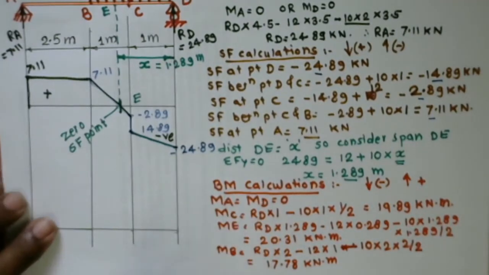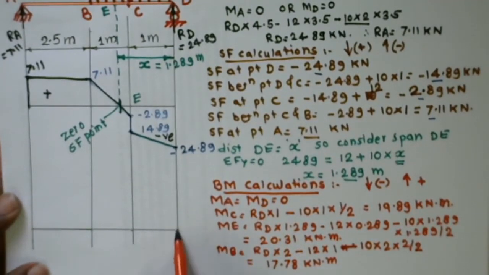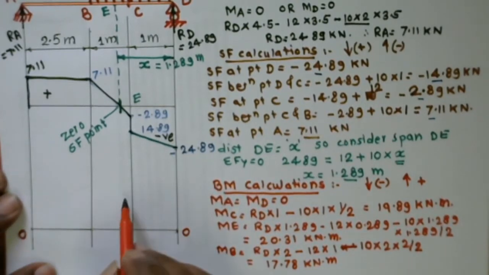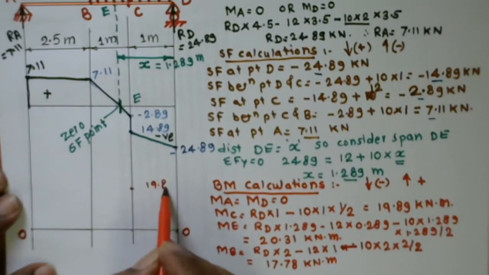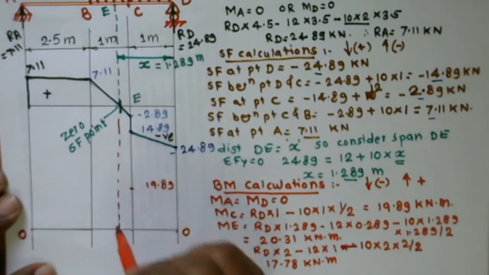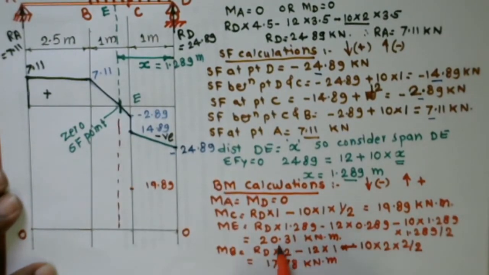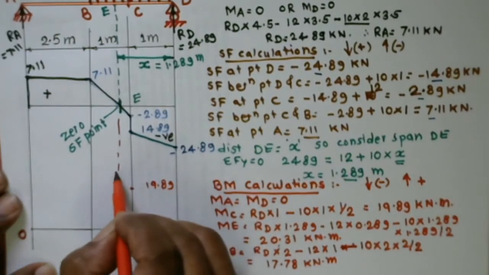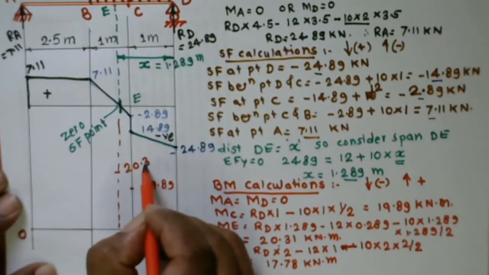Now plot the bending moment diagram, that is 0 at point A. Bending moment at point C, it is 19.89. Bending moment at point E, we already calculated, which value is 20.31.